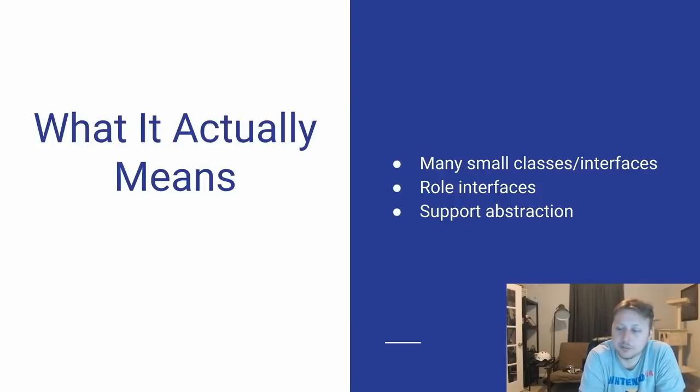And this supports abstraction, because as an application continues to grow, we're going to start having these issues where I have to make one change in here and one change in there and one change over here to do this one change. And so if we start following the SOLID principles and the interface segregation principle, that abstraction will allow us to make those changes in a much easier manner without a lot of side effects, which is something we want to avoid.